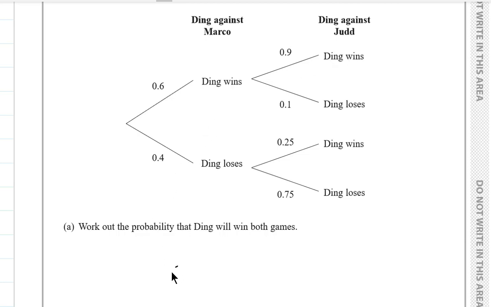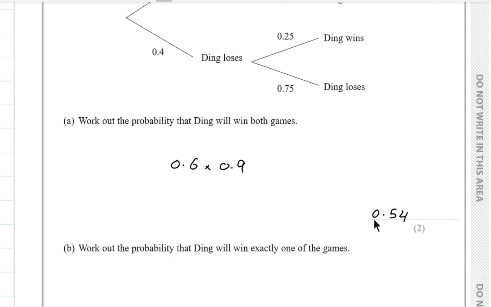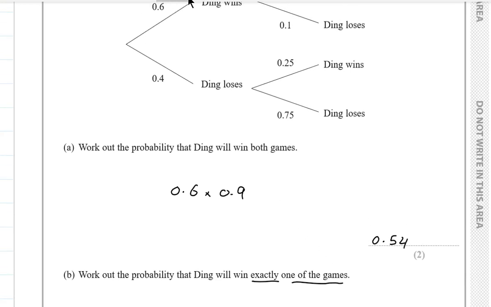We will multiply 0.6 times 0.9, and the answer should be 0.54. B, work out the probability that Ding will win exactly one of the games, which means that we have two possibilities.